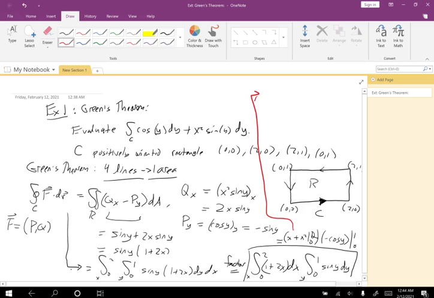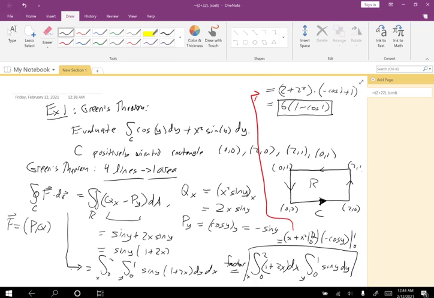So I think this one is just 2 plus 2 squared times minus cosine 1 plus 1. So we end up just getting 6 times 1 minus cosine 1. That's all there is to it. So the hardest part, of course, is recognizing that you need to use Green's theorem.